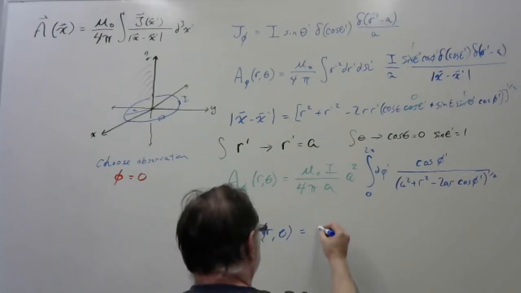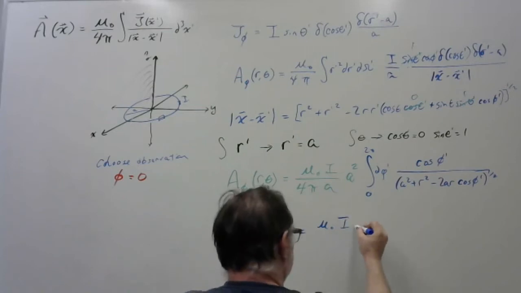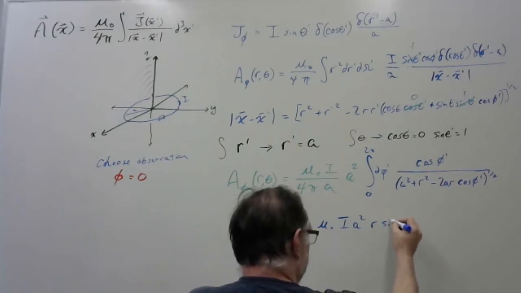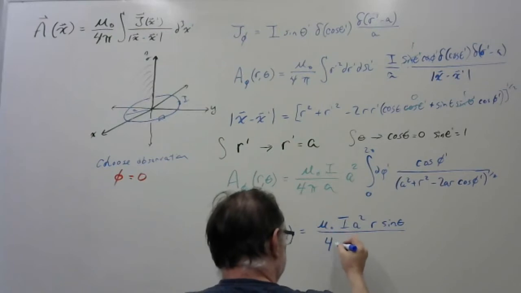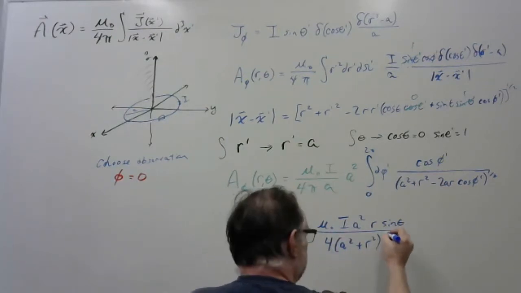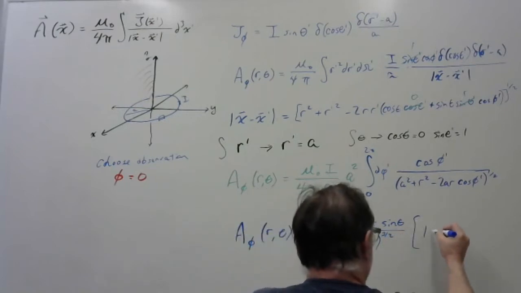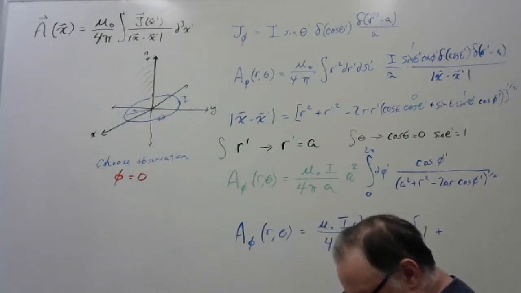Okay, so I got mu naught, and a bunch of crazy stuff here: a squared r sine of theta divided by 4 times (a squared plus r squared) to the 3/2 power, times 1 plus, now we get some other stuff, and the other stuff has more r's and more a's in it.